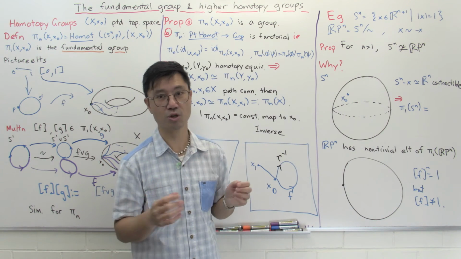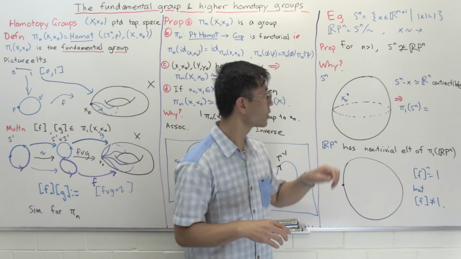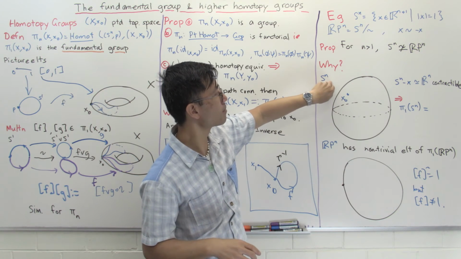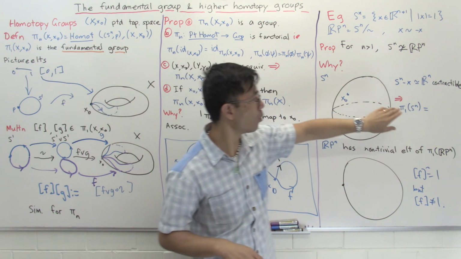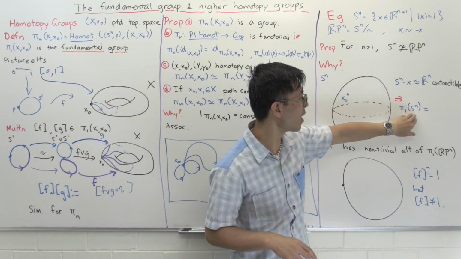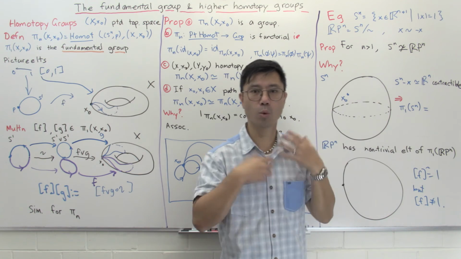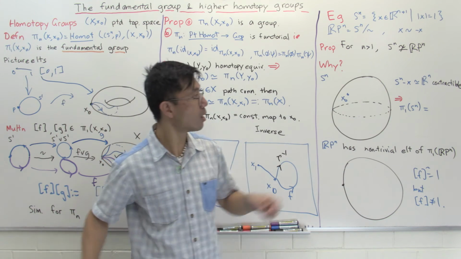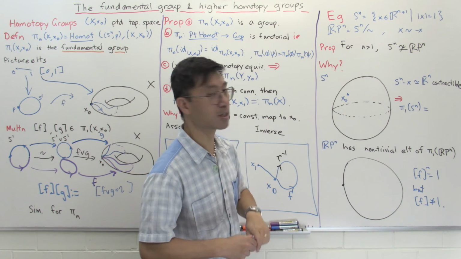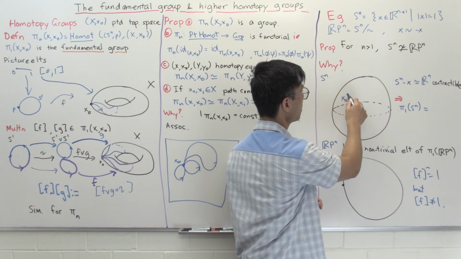Let me just show you roughly why it's true. Here's Sn, and here's a picture. I've drawn the case n equals 2. What I want to work out is what pi1 of Sn is. So what are the elements in there? You have to look at loops inside here, based at, say, x0. So we just pick a loop like this.